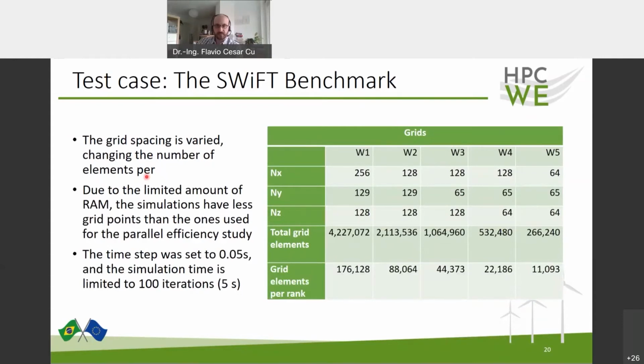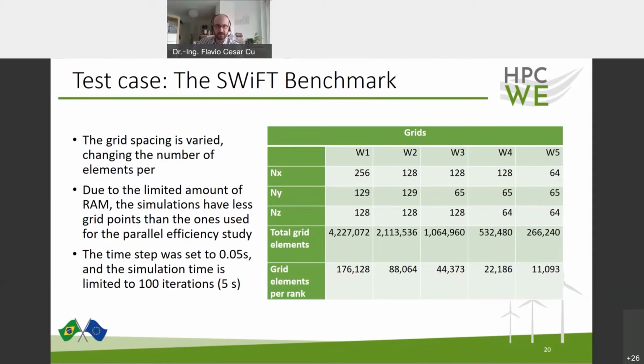In this case, the grid spacing is also varied, changing the number of elements per core. We start with a bigger grid of about 4 million grid elements, and we decrease it to a grid of 260,000 grid elements, spanning from 176,000 grid elements per rank down to 11,000 grid elements per rank.